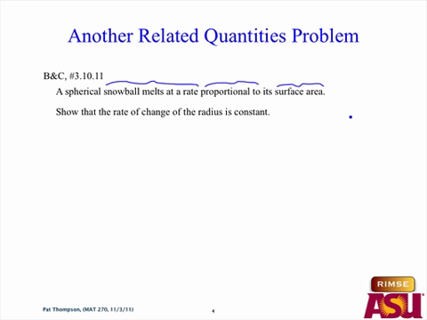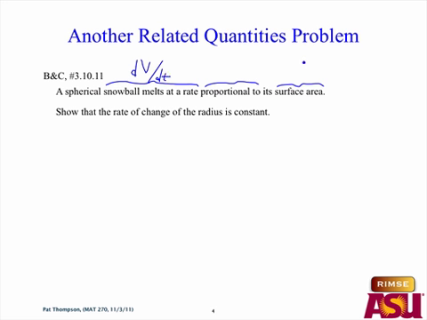The snowball is melting, that means volume is decreasing. Is that what that means? Right. Okay. So what melts at a rate? So how do we express the rate of change of volume? What would it be? V prime or dV dt, okay?